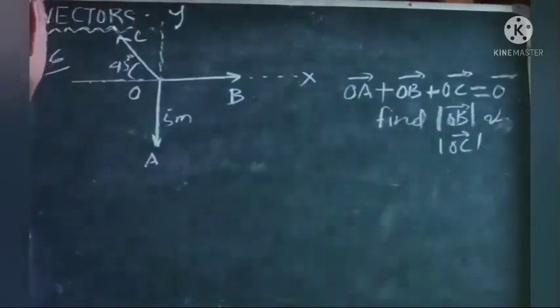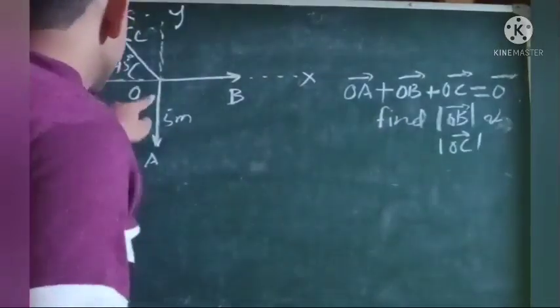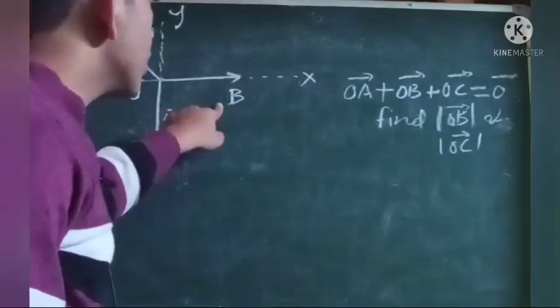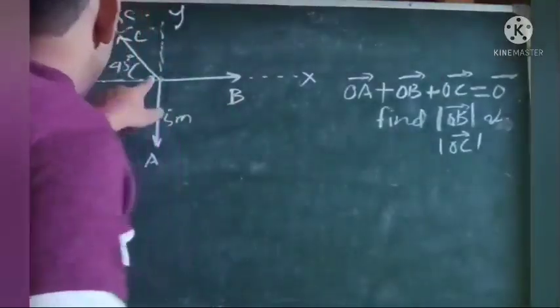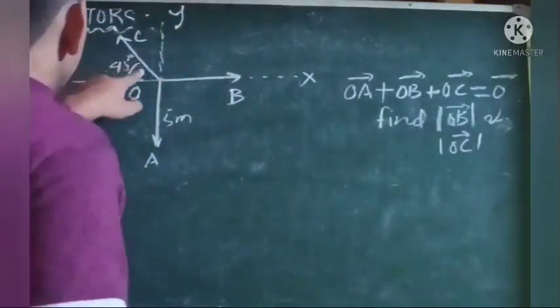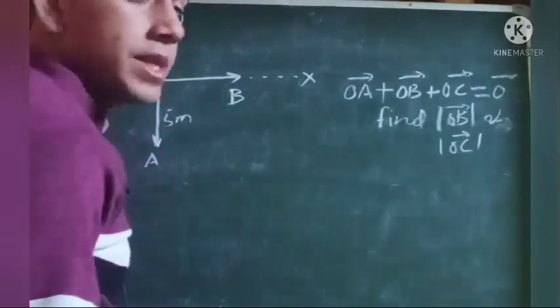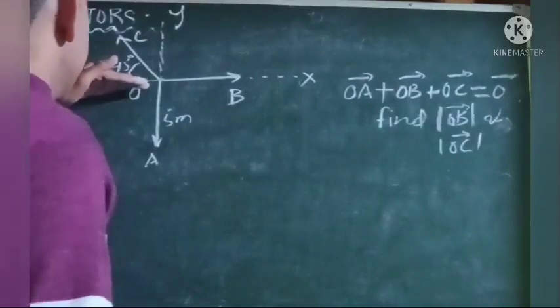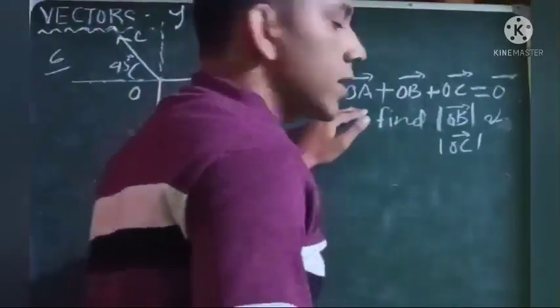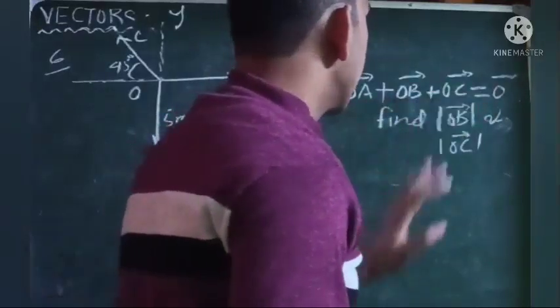Next, in question number 6, we are given this diagram. This is OA vector whose magnitude is 5 meter. This is OB vector whose magnitude is required to find, and OC vector whose magnitude is also unknown. But we know that OC vector is making a 45-degree angle with this direction, and we are given that OA vector plus OB vector plus OC vector is equal to 0 vector.